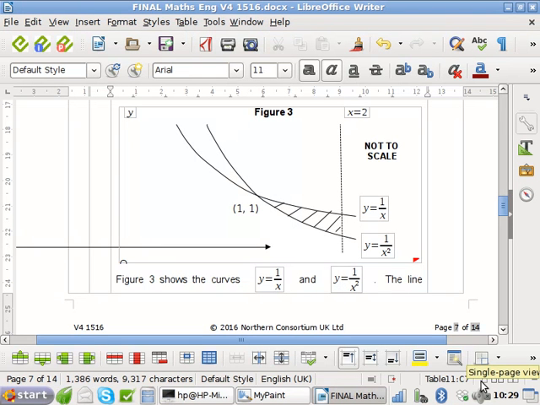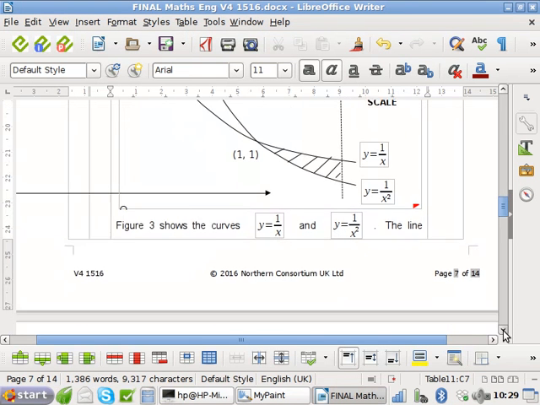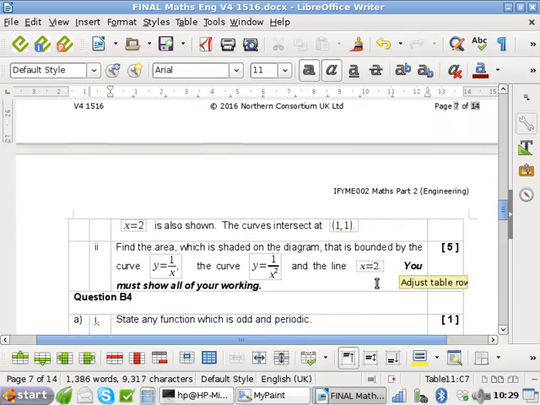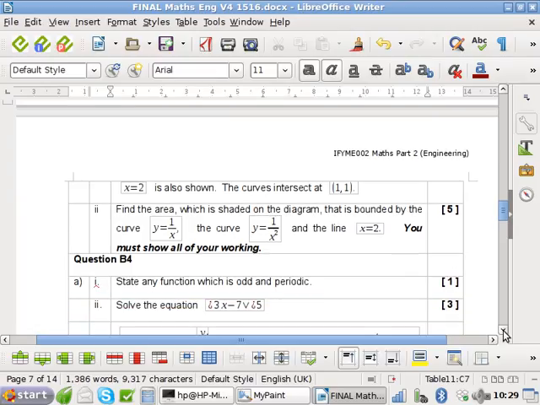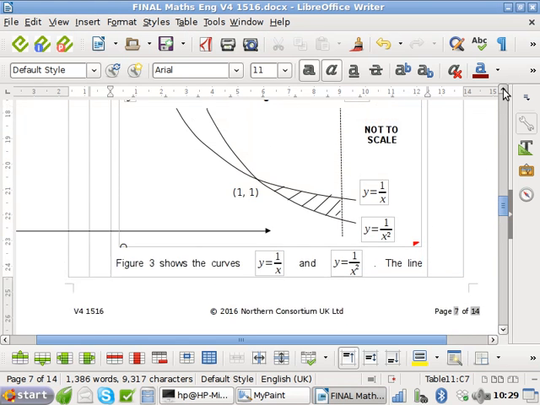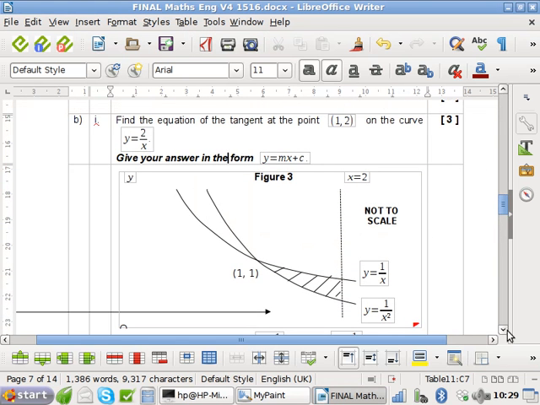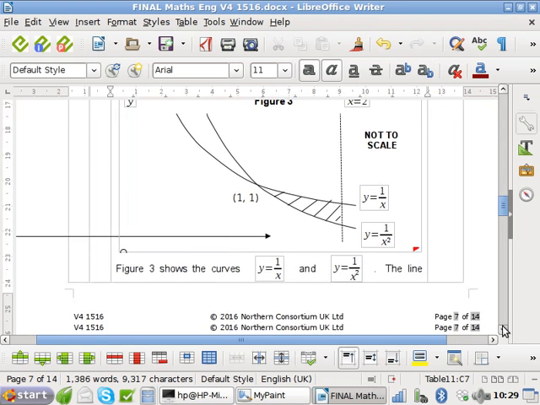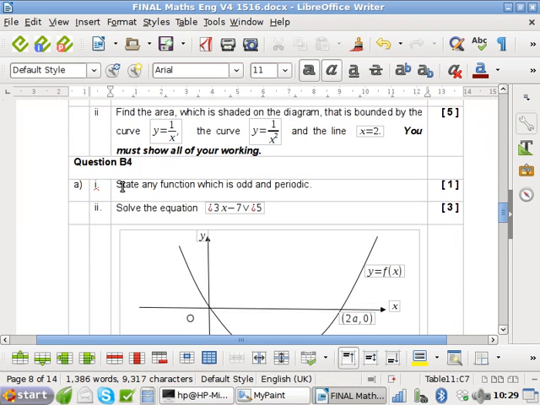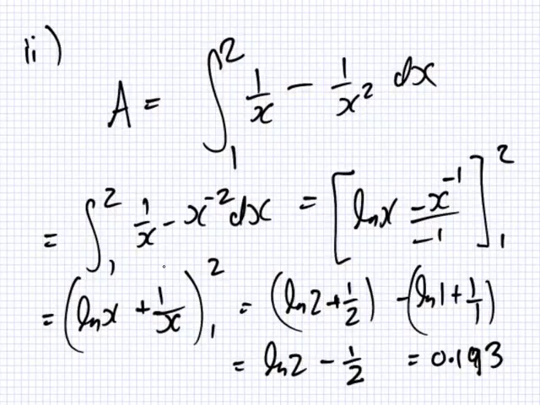Did they want the exact answer, or did they just want an answer? No, that was it. Oh wait, hang on. I did the second part. What was the first part? Oh no, sorry, I finished it.